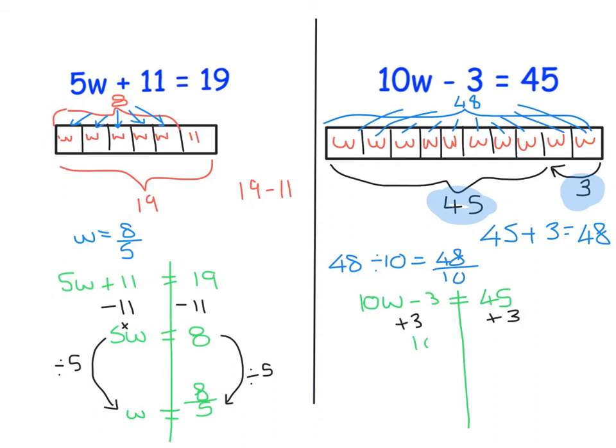So we've got 10w is equal to 48. And remember, I want w. So to get from 10w, which is 10 times w, I need to do the opposite, which is divide by 10, which is exactly what we did on the bar modelling. Divide by 10, I get 48 divided by 10, or 4.8. Whichever one, absolutely fine, you will get the mark for either.